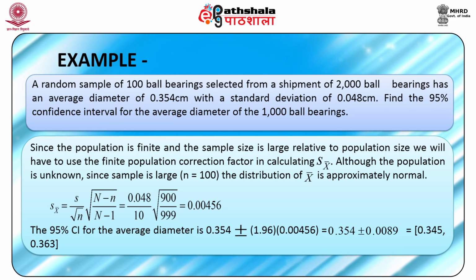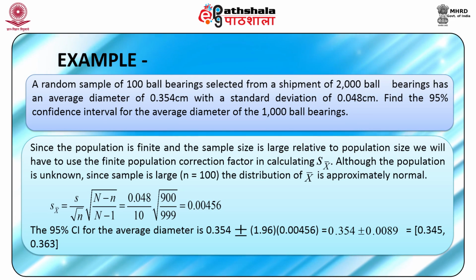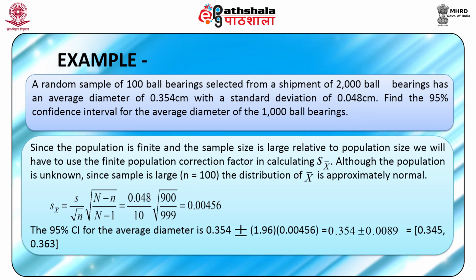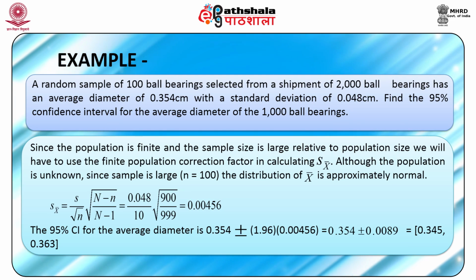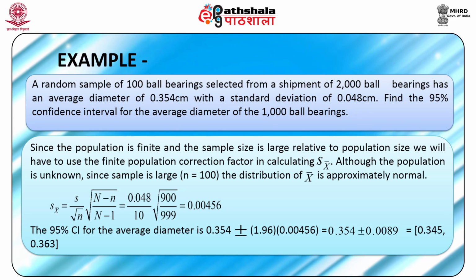Now, since the population is finite and the sample size is large relative to population size, we will have to in this case use the finite population correction factor in calculating Sx bar. Although the population is unknown, since the sample is large, where we have said small n is equal to 100, the distribution of x bar is approximately normal.